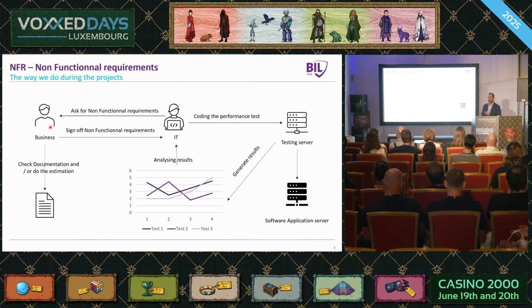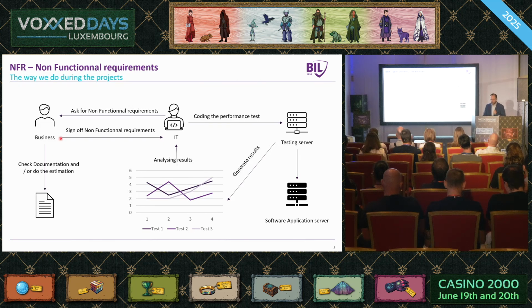Is there a peak sometime in the year when we will receive more than the average? Sometimes the business checks the documentation and the history, and says, okay, this could be the number of transactions, the number of files we will receive, events, whatever.